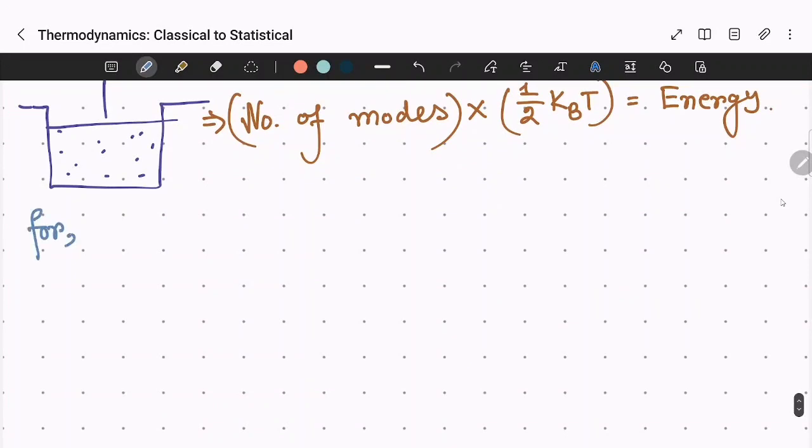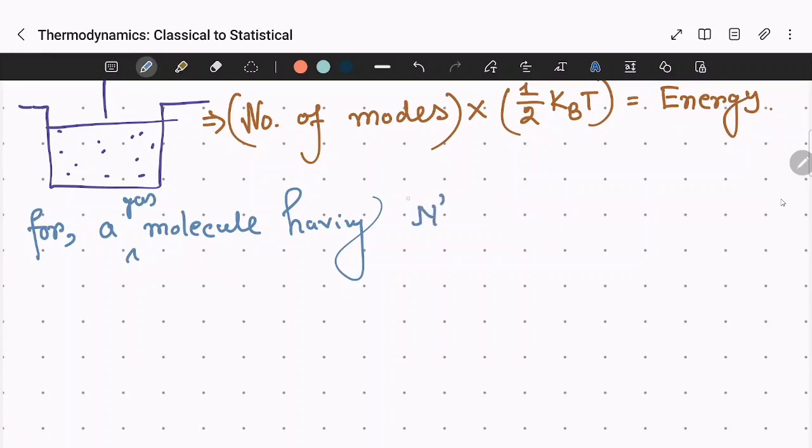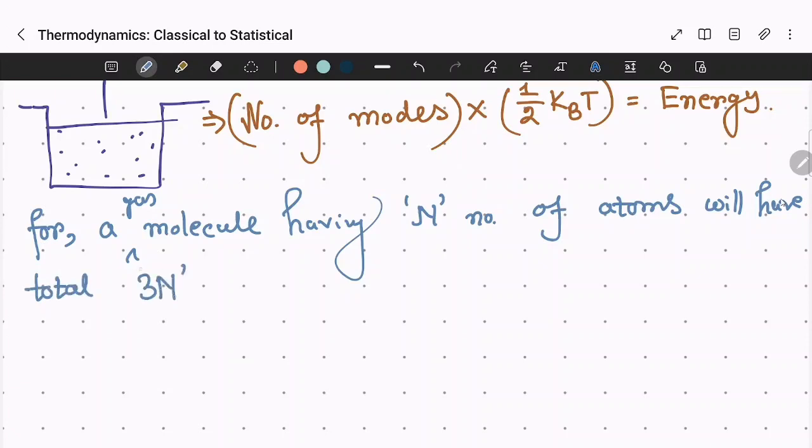For a molecule, rather a gas molecule having n number of atoms, will have a total of 3n number of modes.